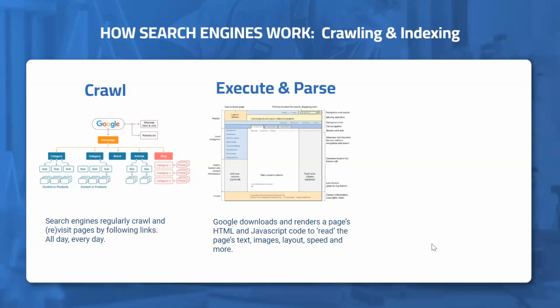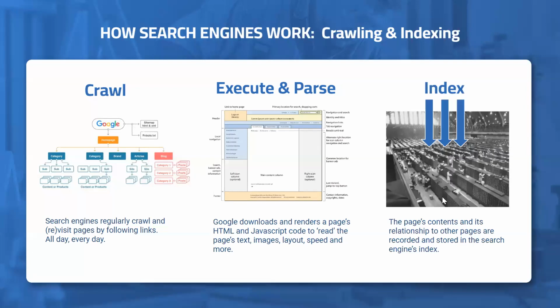The next step is executing and parsing those pages. So Google downloads the code of that page and they render that code and see what you and I see on the page, the words, the images, the links, everything. And next, all of those words, links, its relationship to the larger site, everything about the page and literally a trillion other pages are noted, recorded, and socked away in the Google search index.